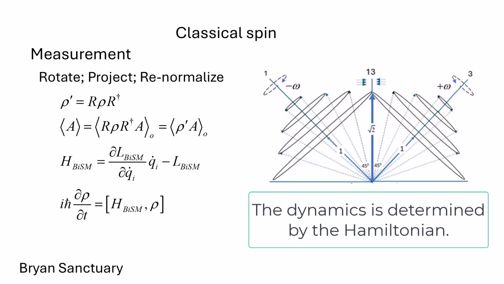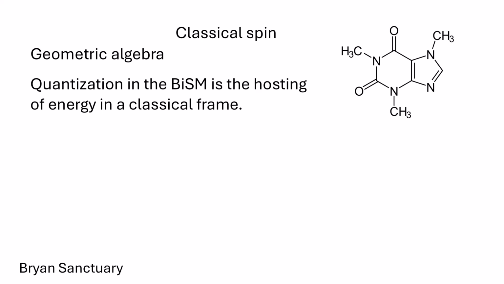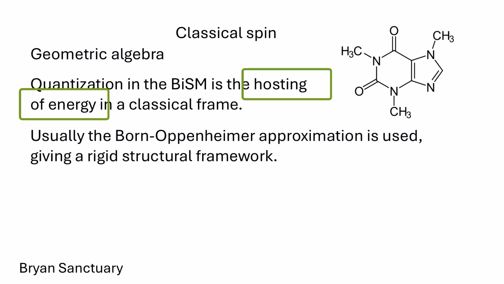The key point is, in the bivector model, ρ is a classical state operator representing the real physical structure of the boson, not an abstract quantum object or a statistical mixture. First, the bivector model builds a classical structure which hosts the energy which becomes quantized.